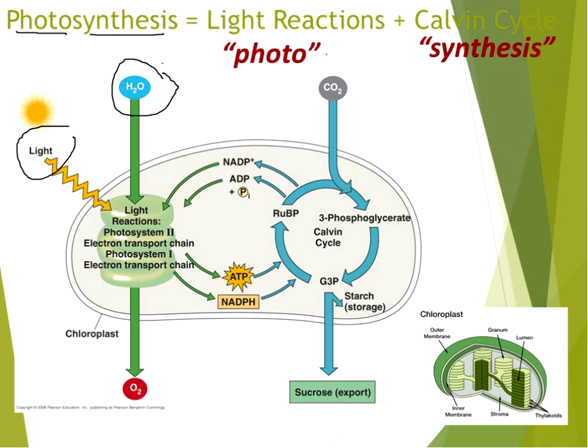So you're going to see it becoming NADPH, and ADP will be able to form into ATP. The protons are added to make the NADPH, which is necessary for the Calvin cycle. And the electrons are transferred through the electron transport system in order to get enough energy for ATP to form, so that there is energy to make the Calvin cycle go.